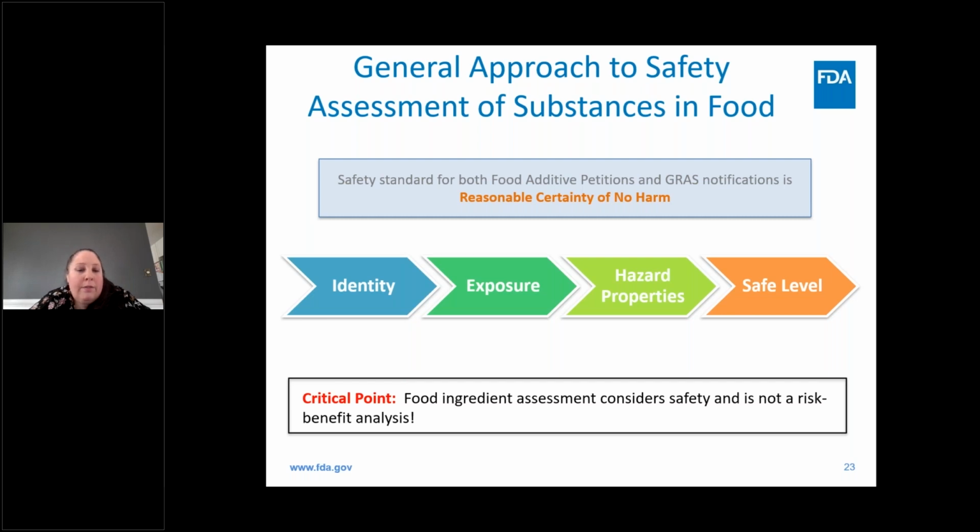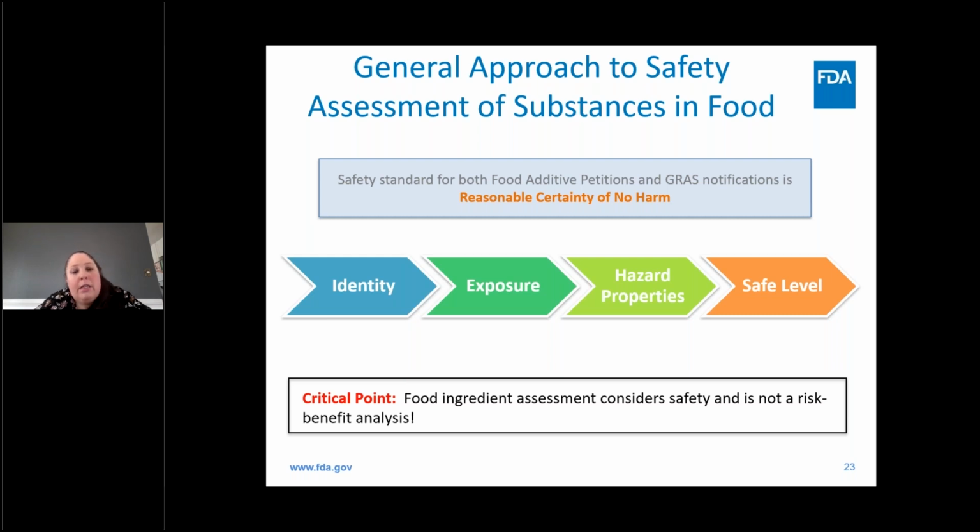And something else that often surprises people is that when we do our safety assessment for food ingredients, we are actually not performing a risk-benefit analysis. In fact, we don't look at benefits at all when we are considering these substances. This is in contrast to what happens with, say, a drug safety assessment, where typically you are weighing the risks and the benefits.